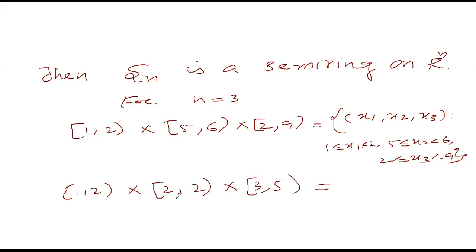Since here equality holds for one i, this 2 is equal to 2, this will be equal to the empty set. So that's an example. And this semi-ring is already shown in our lectures when we discussed the Lebesgue measure on R, where we have shown that this collection of the product of n copies of semi-closed intervals of R forms a semi-ring on Rn.